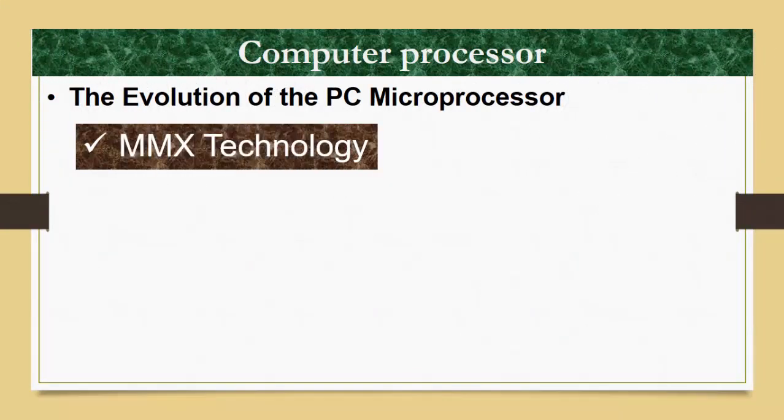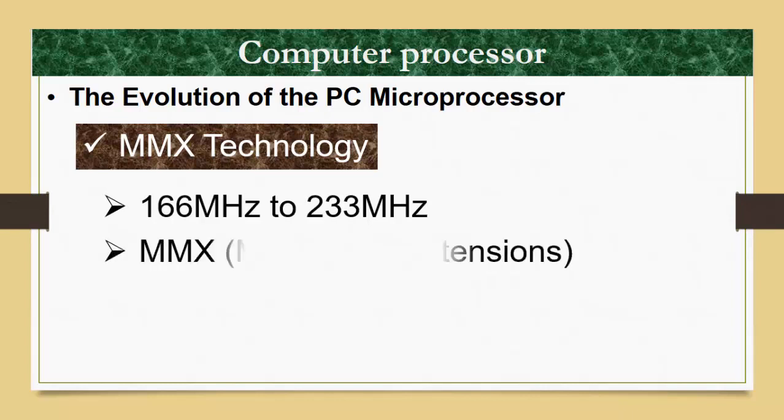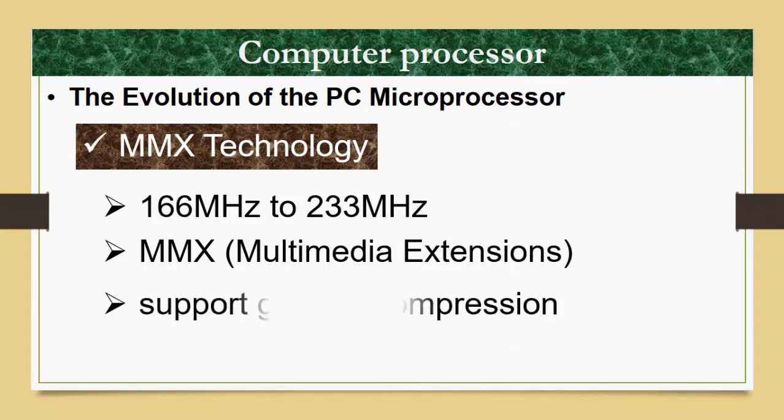The next one is MMX technology. The next version of the Pentium processor was the Pentium MMX, which had a clock speed from 166 MHz to 233 MHz. This version added MMX, or multimedia extensions technology, to the Pentium, along with some improved internal clock speed.